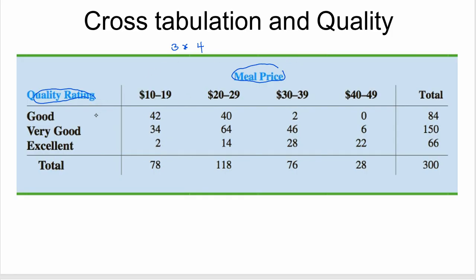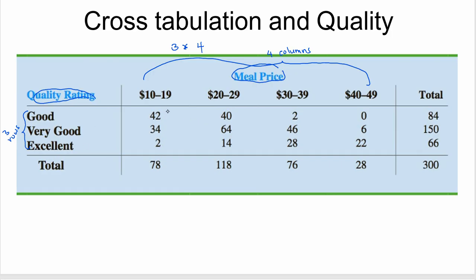Why do we call it 3 by 4? It's because we have 3 rows and 4 columns. And so this is basically a two-way table consisting of 3 rows and 4 columns.